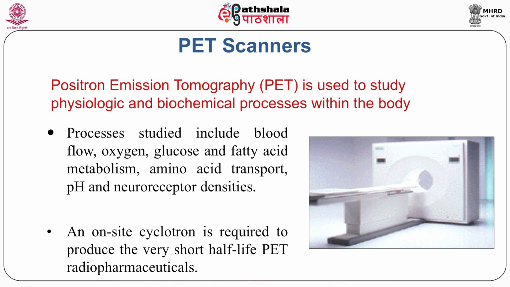As I mentioned earlier, the workhorse in conventional nuclear medicine is technetium-99m, but in case of PET it is fluorine-18, which is a positron emitter, and when the positron is emitted it annihilates with an electron to give two photons in two different directions of 511 keV, and these photons give you quality images.